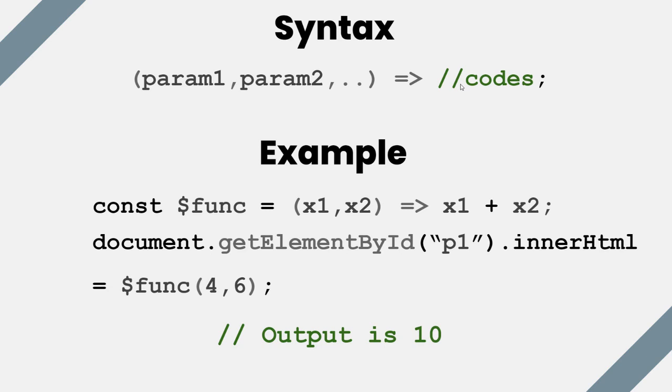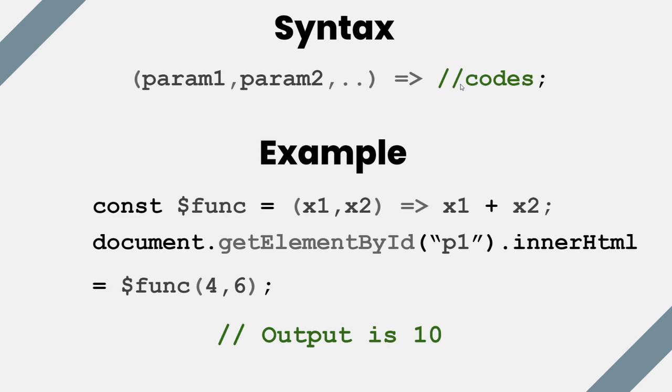So you just have this to be const func equals to x1, then the arrow symbol, then x1 itself. So this is how simple the arrow function is, very straightforward. And here we made use of our JavaScript outputting, that's the document.getElementById. And this output is assigned our variable name and also the argument we want to use within this function.